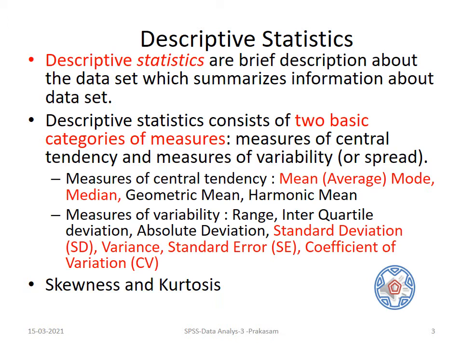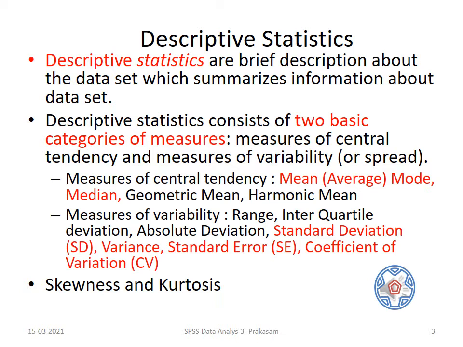What are the methods in descriptive statistics? There are 2 categories of measures. One is the measures of central tendency and another is the measures of variation, variability or spread of the distribution.